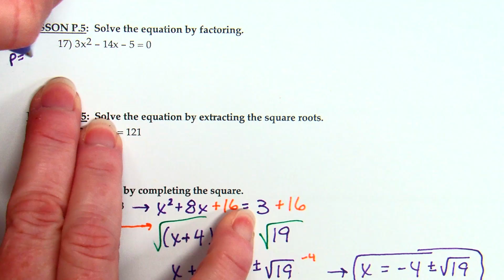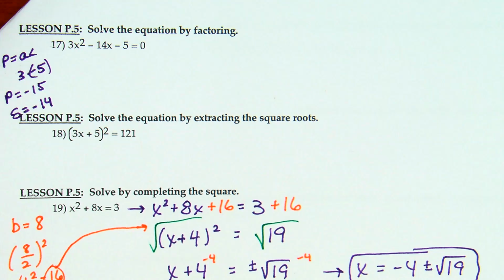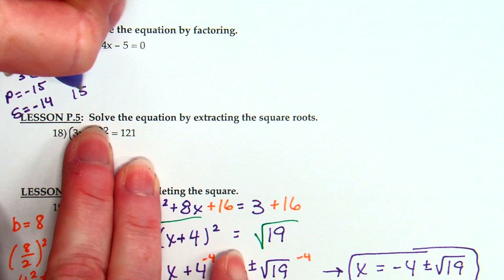A sum of B, which is negative 14. What multiplies to be negative 15 and adds to be negative 14? It's got to be negative 15 and positive 1. So I'm going to bring this over here. It was 3x squared minus 14x minus 5 equals 0.